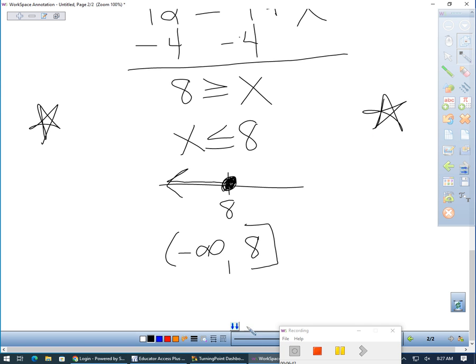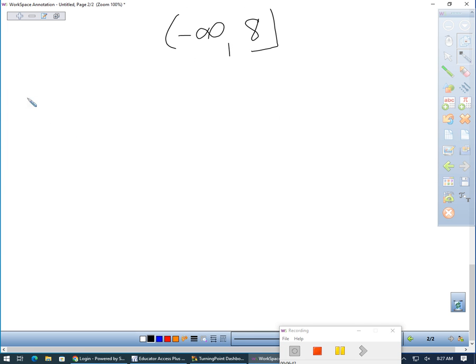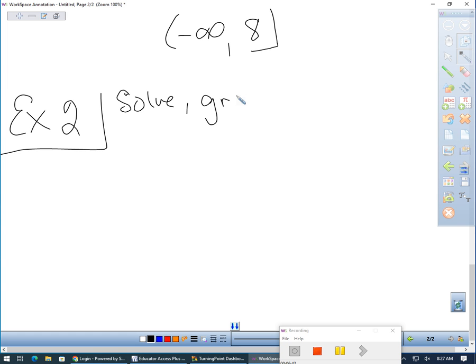All right, let's go with example number 2. Example number 2 again. I want you to solve, graph, and write the interval notation.